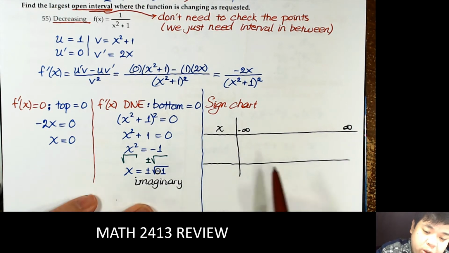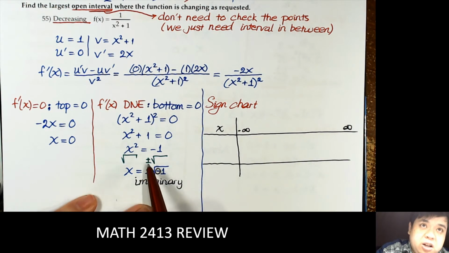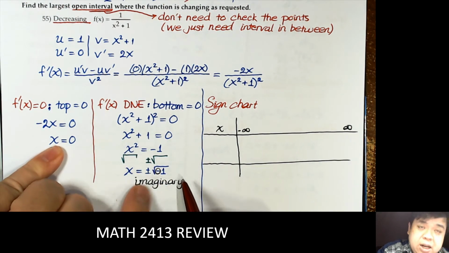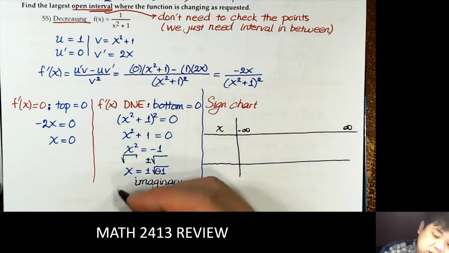The points that divide the number line are called partition numbers. We have x equal to 0 and there's nothing here. I should write none.